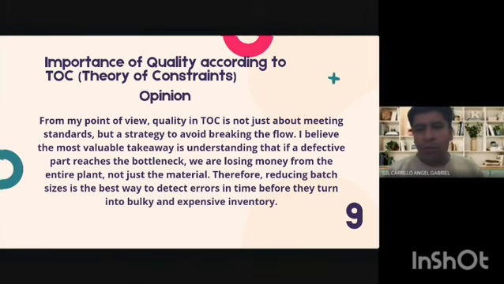The most critical takeaway is that a defect at a bottleneck costs the entire plant's revenue. Therefore, reducing batch size is essential to catch errors early and prevent them from turning into expensive wasted inventory. Next, please.